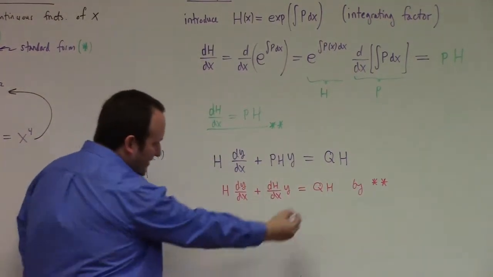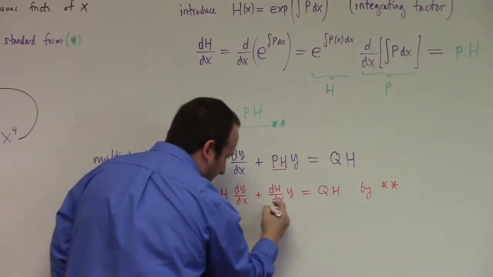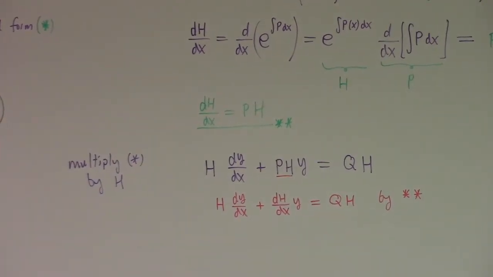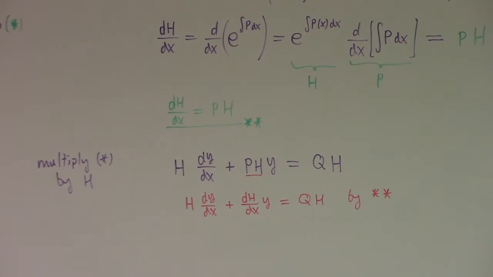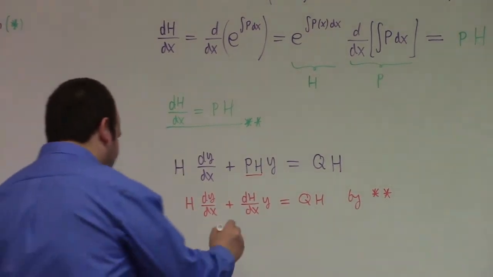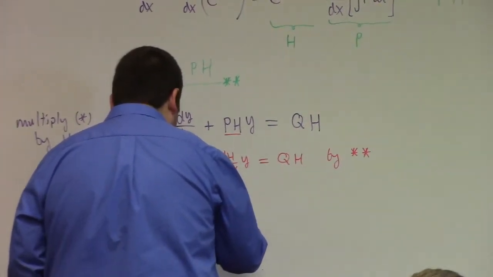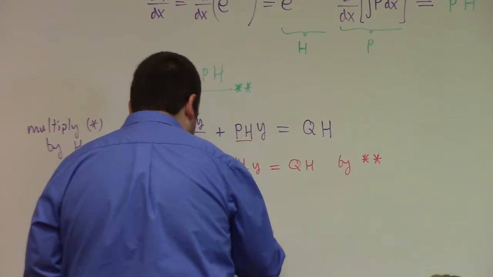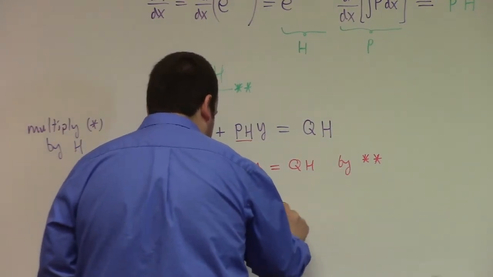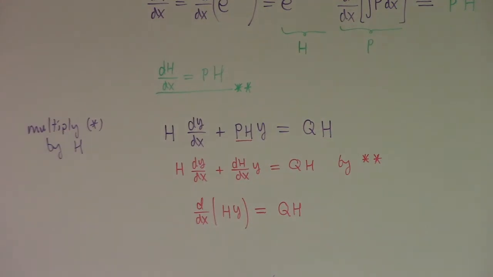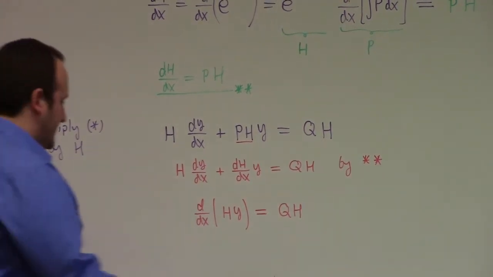See, because ph is exactly dh dx. That is so very nice. So now, this is the derivative with respect to x of the integrating factor times y is equal to qh. Let me call this star star star.